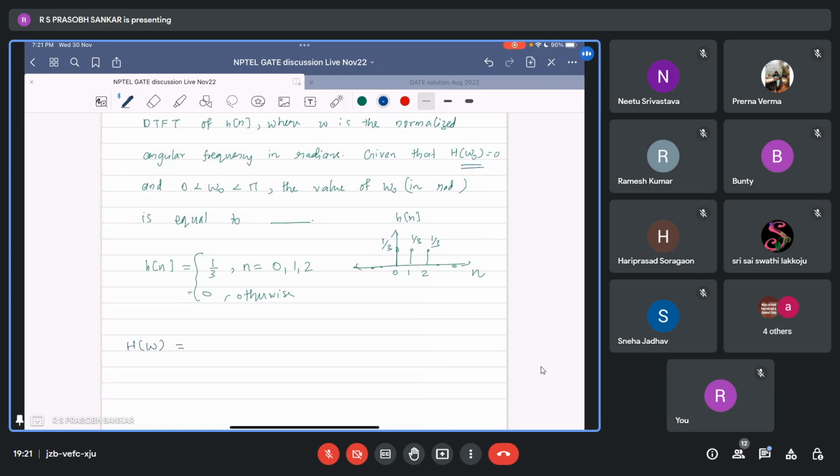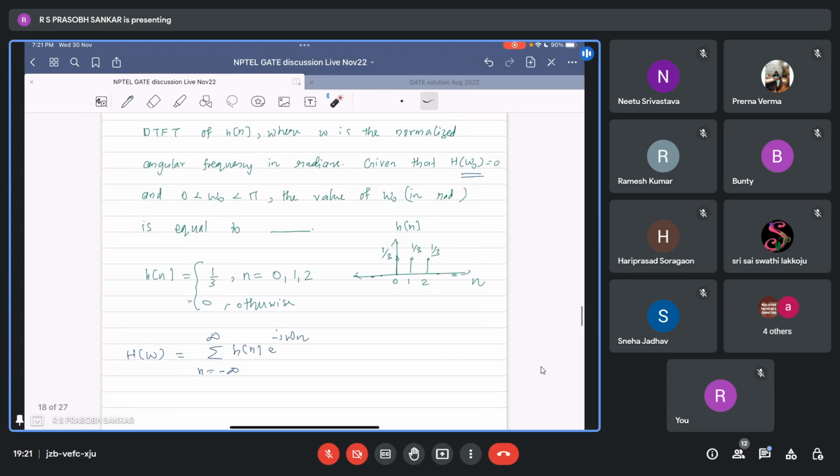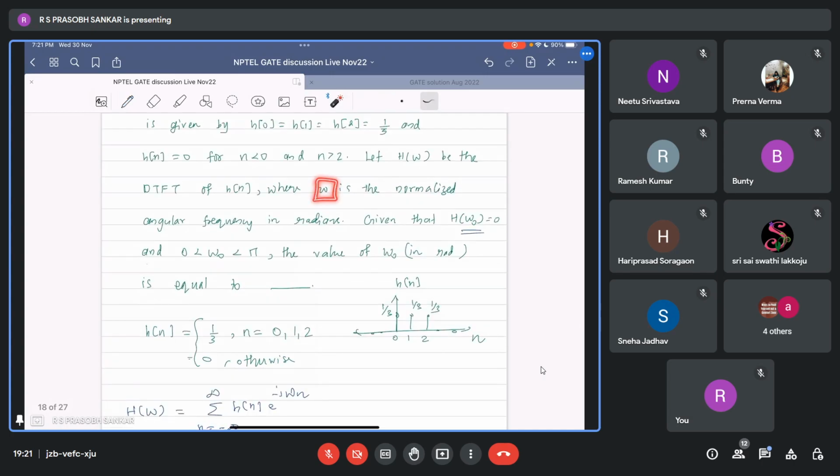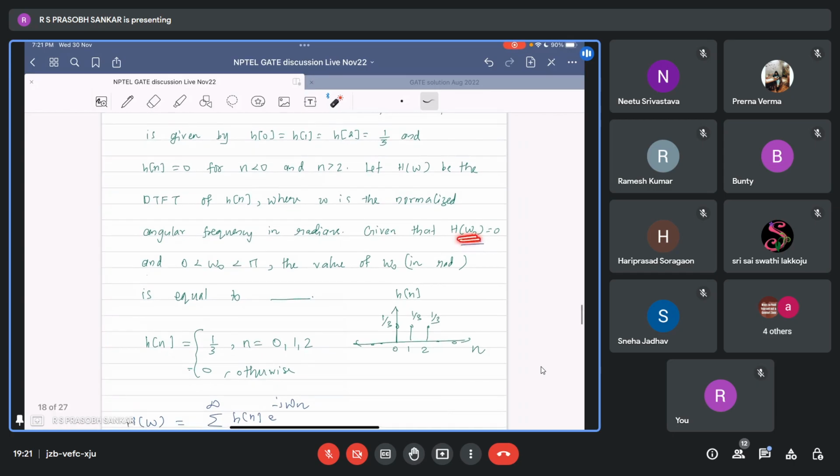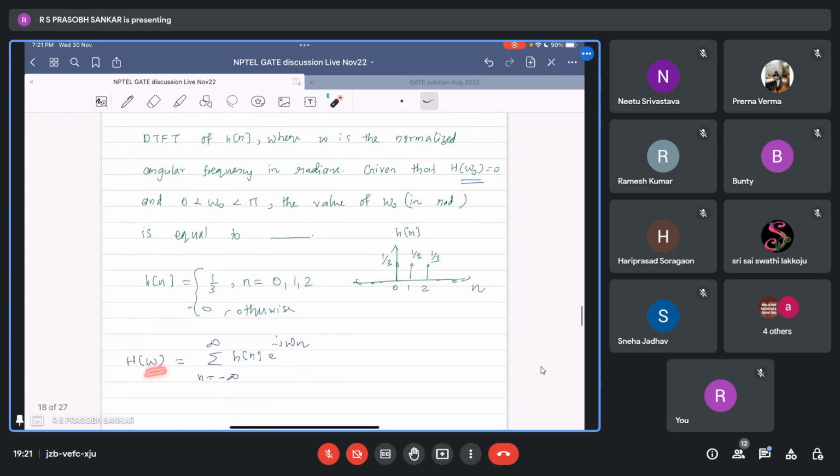H of omega is the DTFT, which is the summation from minus infinity to infinity of h of n e raised to minus j omega n. By the way, in this question the omega is given like this. In some textbooks and some places, a different kind of omega is also used. That's just a notation, it doesn't really matter much. Since this question uses this omega, I'm just using this omega.